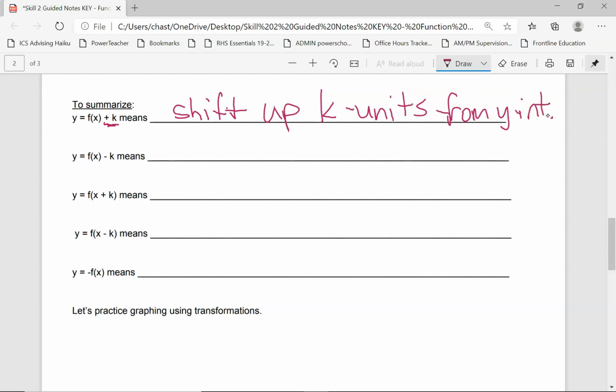Most of the time, that plus k tells you what value to go up to. But remember that an exponential function or any other function that has a y-intercept that is not the origin may not exactly tell you the number, but it tells you how much to shift up. If we have minus k here, it means you shift down k units from the y-intercept.